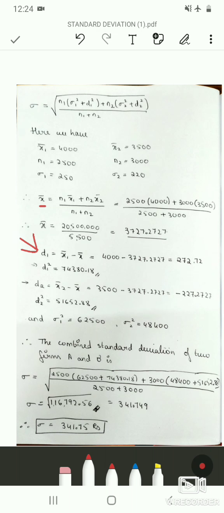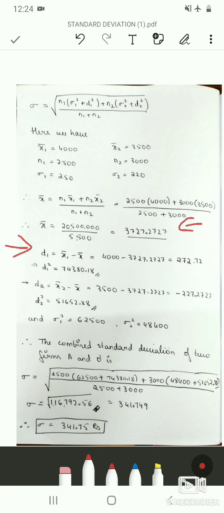So n1 is 2500 and x1 bar is 4000 plus n2 is 3000 into x2 bar is 3500 in the numerator, divided by n1 plus n2, so 2500 plus 3000. Now simplify and you will get x bar as 3727.27.